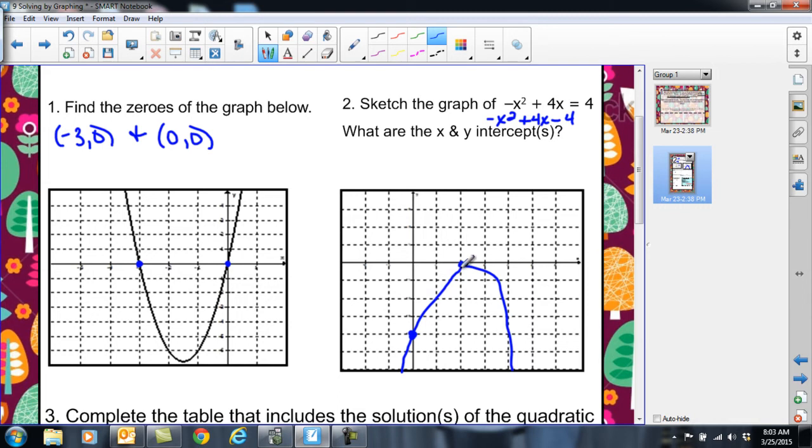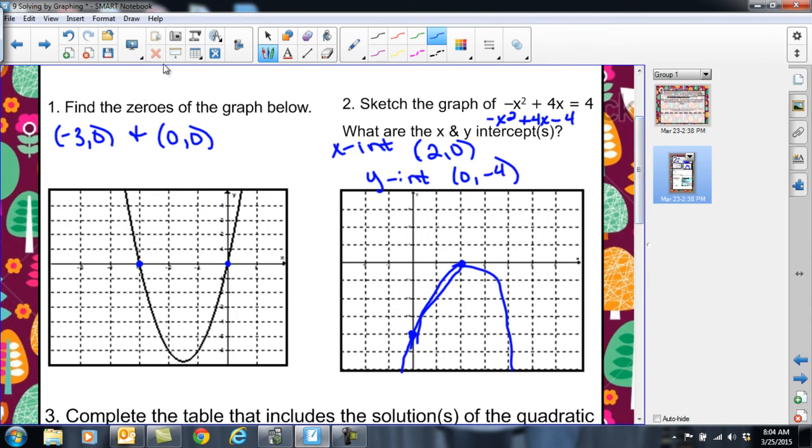We can see by looking at our picture that the x-intercept is right here where it touches the x-axis at 2, 0. And the y-intercept is down here at 0, -4.